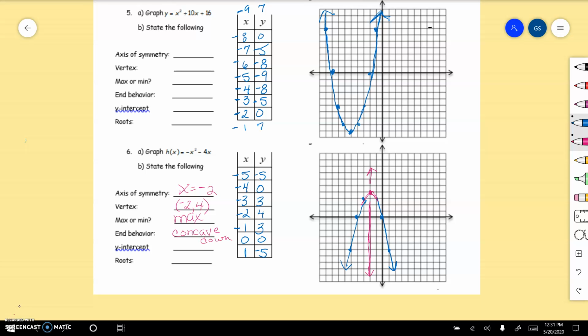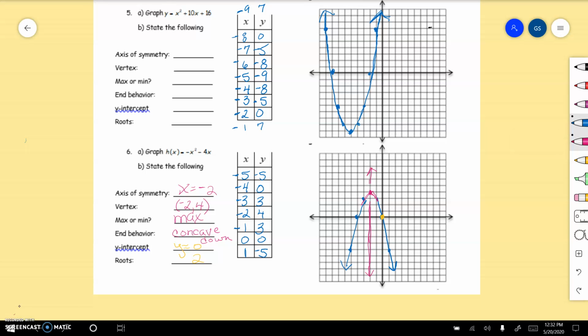The y-intercept, well, that's where the graph goes through the y-axis. So let's see. It's right here. That's where the graph goes through the y-axis. So that's at y equals 0. And the roots, well, they're just asking us how many there are, okay? So there are two roots, but I'm going to tell you what they are.